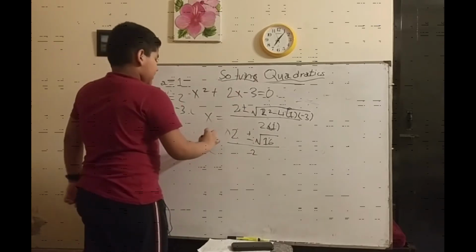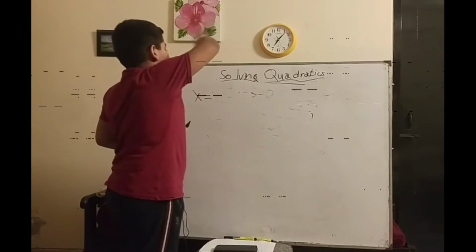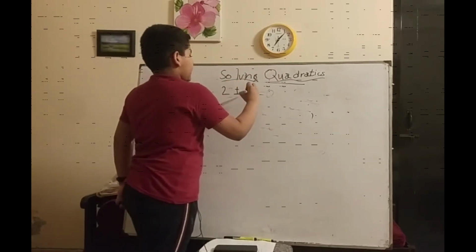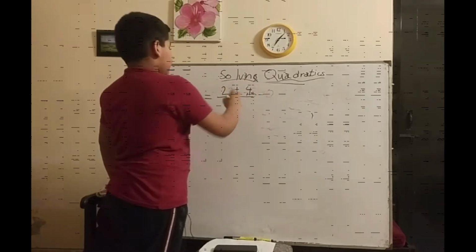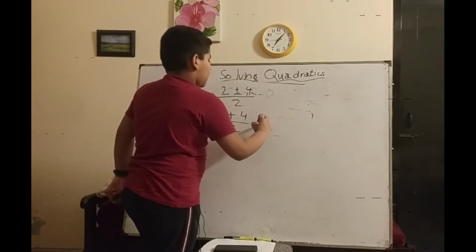We have indeed 2 solutions. But first we have to solve the square root, which is 4. So like 2 plus or minus 4 over 2. Now we have two solutions. 2 plus 4 over 2, comma, 2 minus 4 over 2.